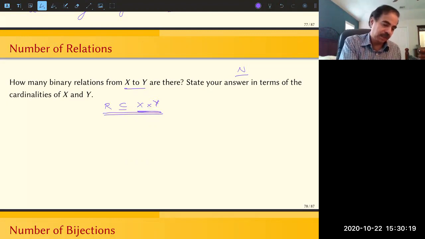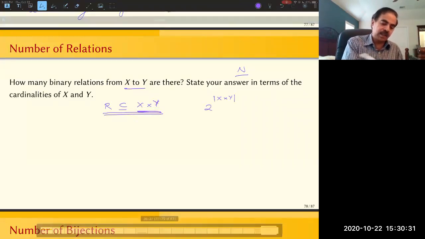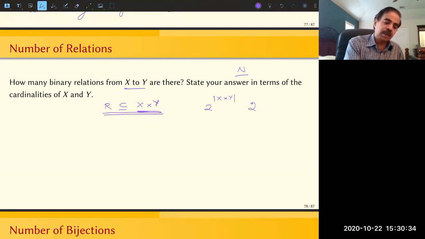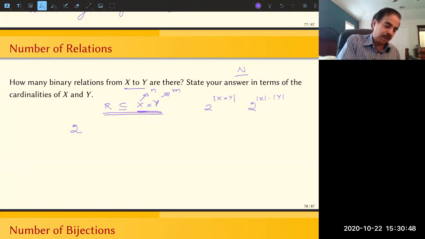So it's going to be 2 to the power of |X| multiplied by |Y|. If X has a size of n and Y has a size of m, then we have 2 to the power nm possible relations.